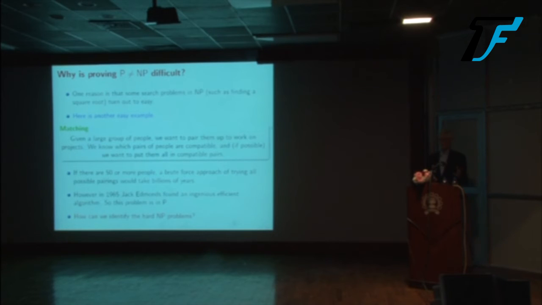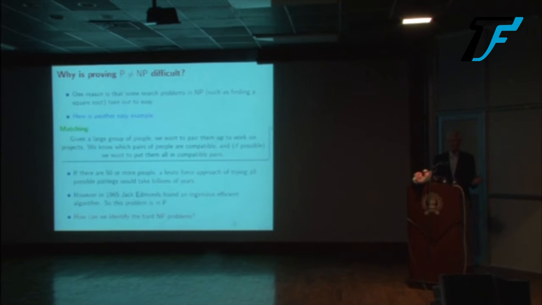If you know graph theory, this is just a graph problem. The nodes in the graph are the people, and the edges connect any two people that are compatible. So you're just trying to find a collection of disjoint edges that covers every person. And again, brute force is not going to find this in polynomial time, because there are exponentially many possible sets of edges, pairs of people, that might be the answer.